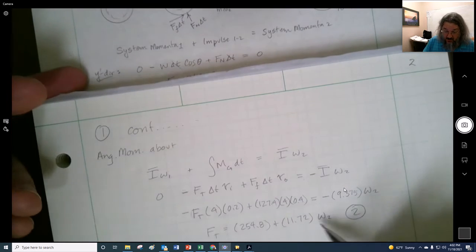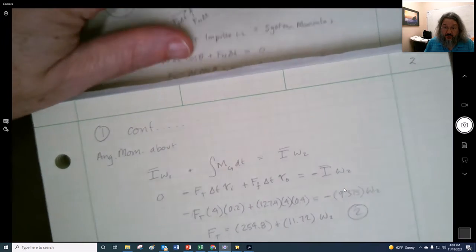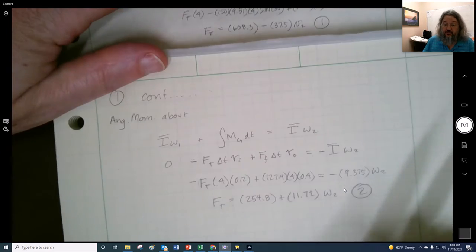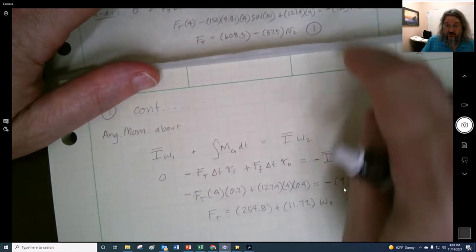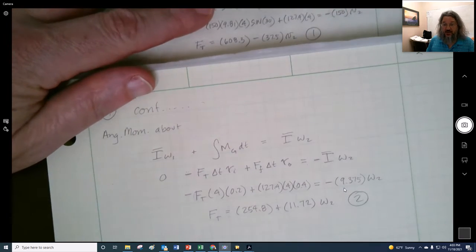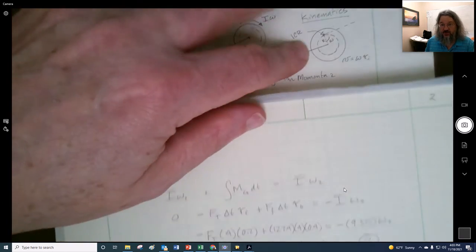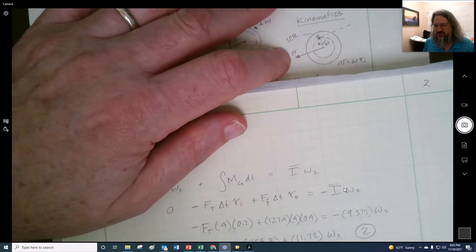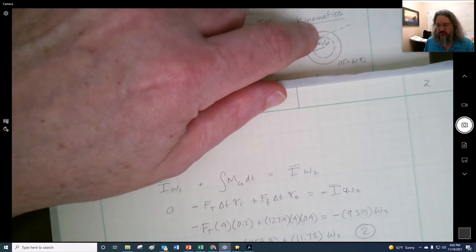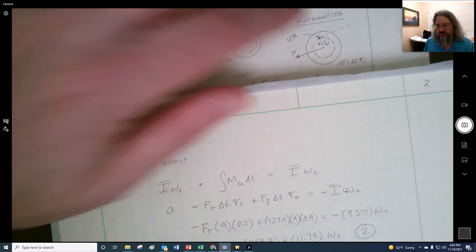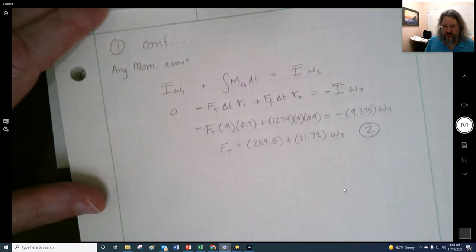I still have, now I need to relate, with these two, what my omega 2 and my V2 is. So I kind of jumped the gun. I kind of saw that coming. So that's when I went over here, and I might have to sit here scratching my head a little bit and trying some things before I finally come to the conclusion that my ICR is right there.